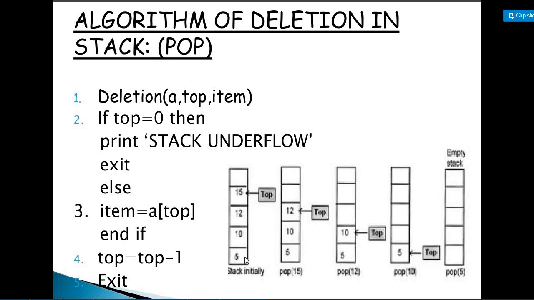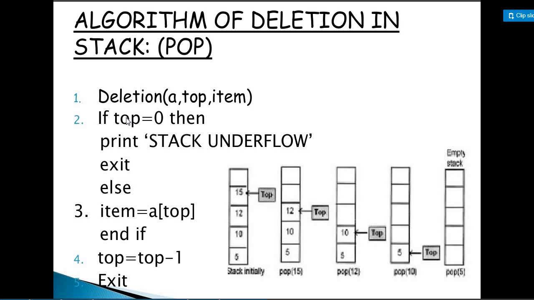Why? If you see that the number of elements here are 1, 2, 3, 4, but if there is no element, how can we delete an element from the stack? So first of all you have to see if elements are there in the stack, then only deletion is possible.